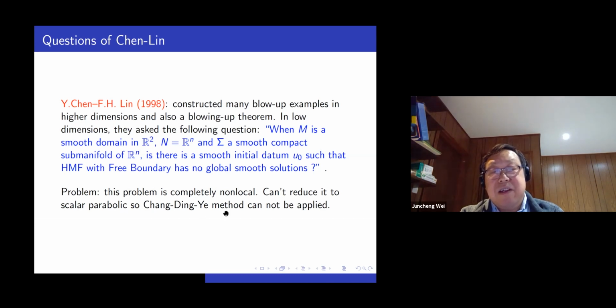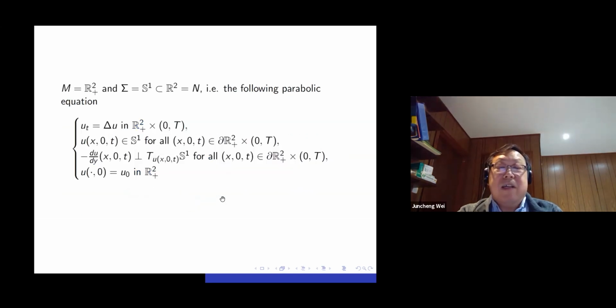So the Zhang-Ding method cannot be applied, and you cannot use the scalar equation method. So let's look at the simplest case where M is R2. So the boundary is the half space, and N is R2, and the sigma is S1.